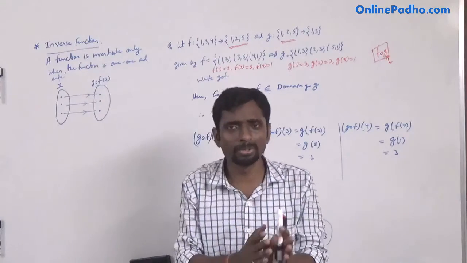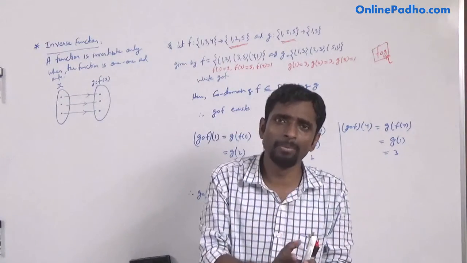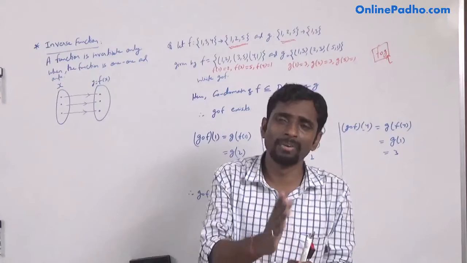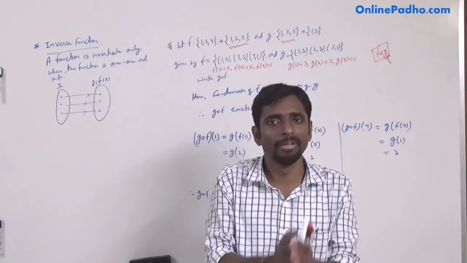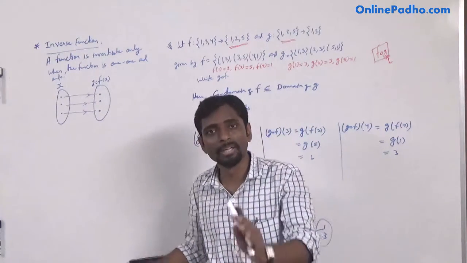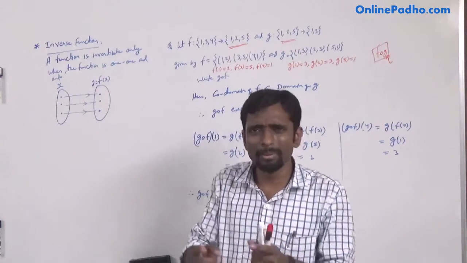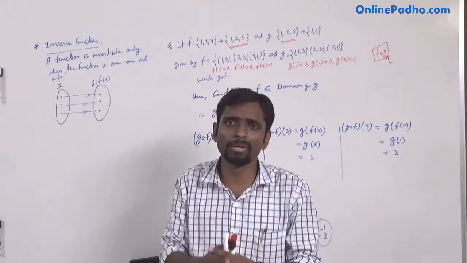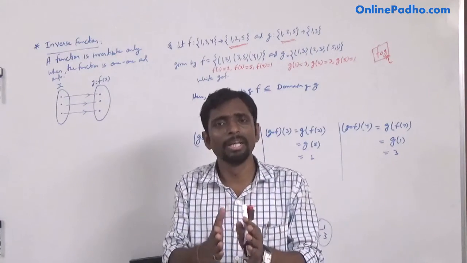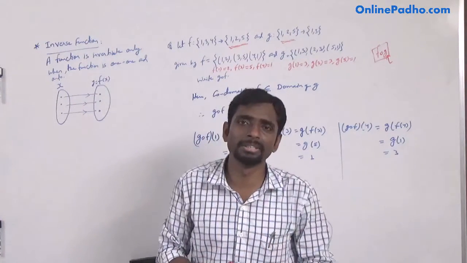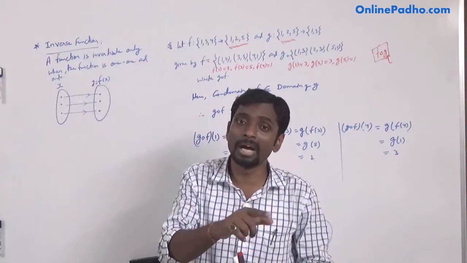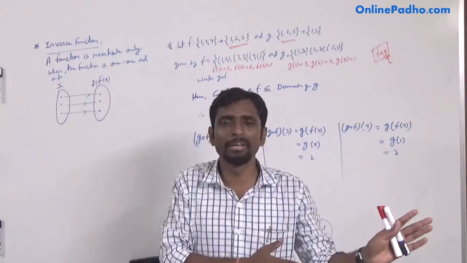To find the inverse of any function, first we have to prove that the function is injective as well as surjective. Then only we can proceed to find the inverse. One more condition to find the inverse: if f o f is the identity function, that is, f o f of x is equal to x, then we can also find the inverse.